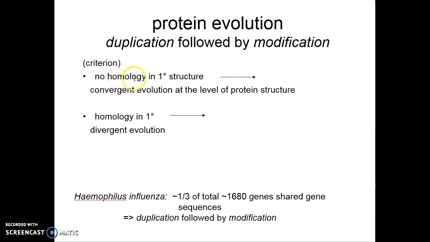Any two proteins not sharing their primary sequences, but with similar 3D structures, are considered convergent evolution for their 3D structures.